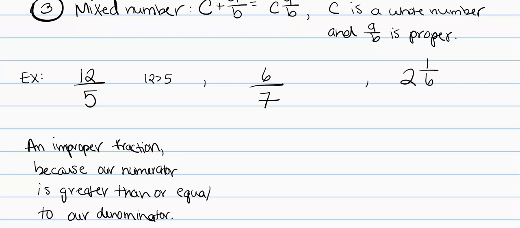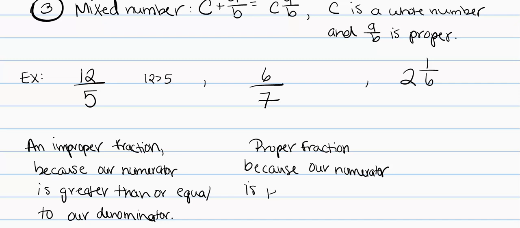Let's look at our second example. We have 6 over 7. We would classify this as a proper fraction, because our numerator is less than our denominator. And finally, we have here a mixed fraction or a mixed number.